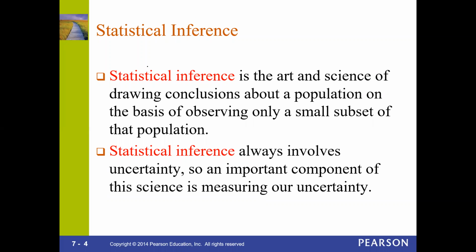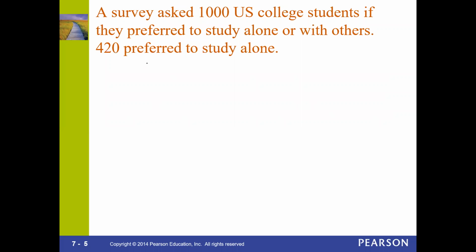Now, this one says a survey asks 1,000 US college students if they prefer to study alone or with other people. 420 of them prefer to study alone. Notice that they surveyed 1,000 people, US college students. We would like to know what will be the parameter, the population here.